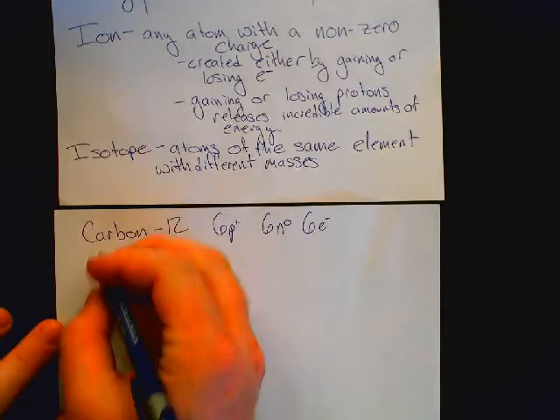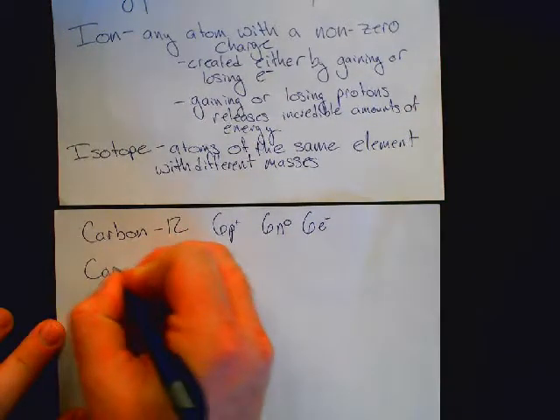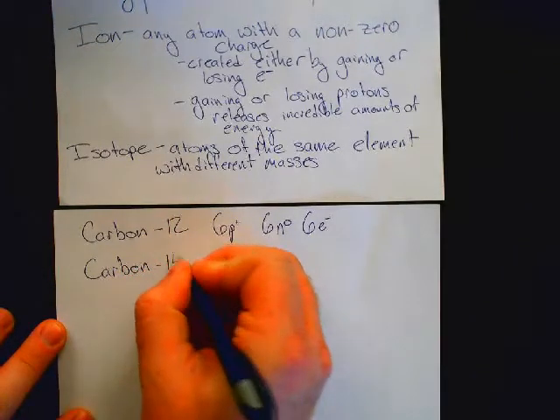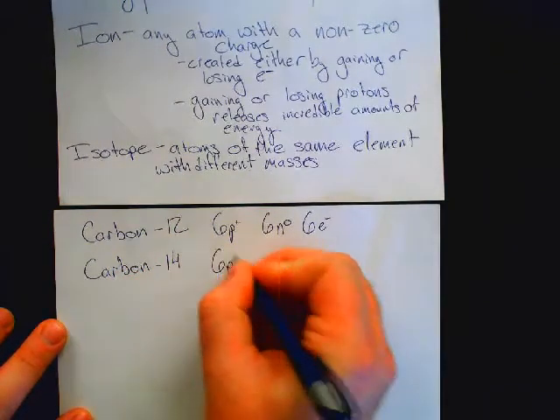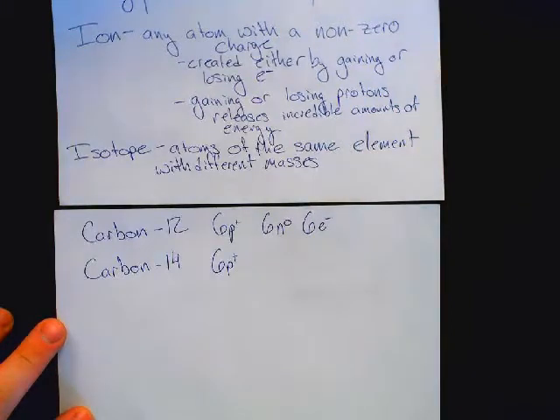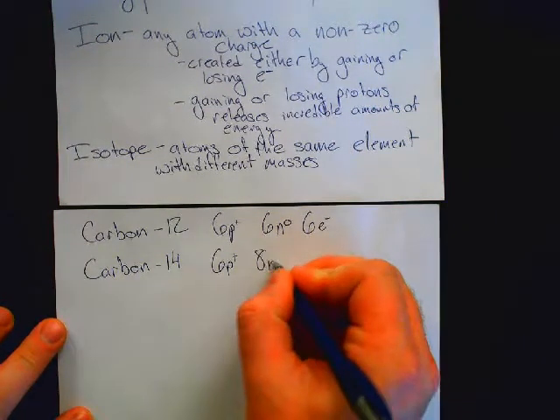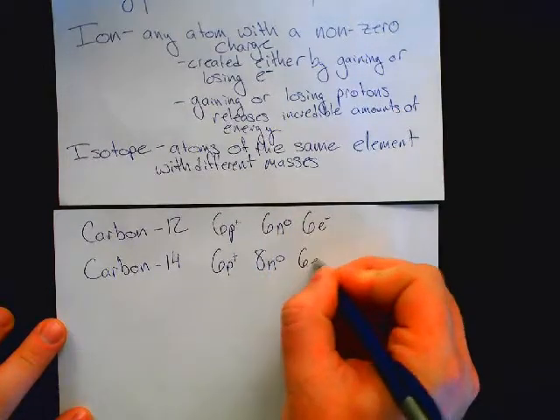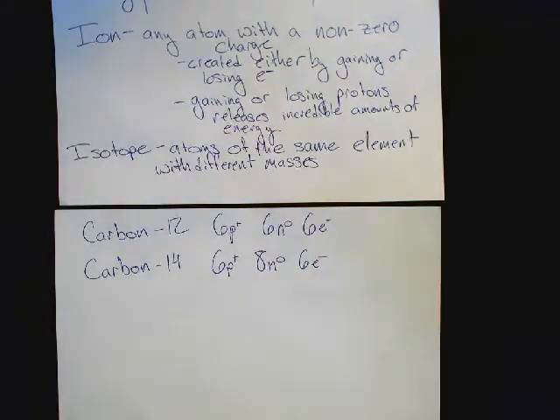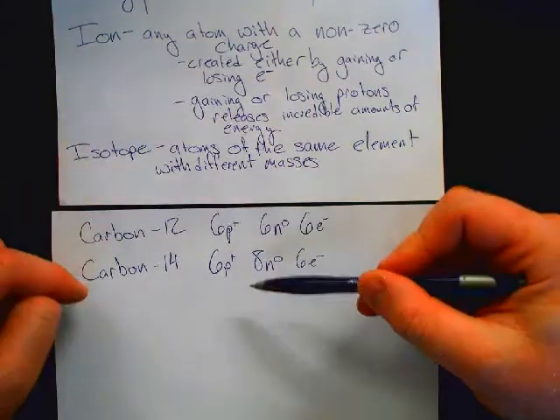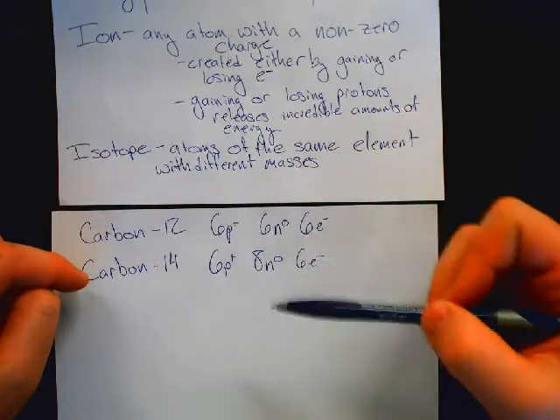So when we talk about something like carbon-14, it still has 6 protons because it has to, otherwise it's not carbon. But now it also has 8 neutrons and still 6 electrons. So while they're both carbon, these are different isotopes of carbon because they have different masses.